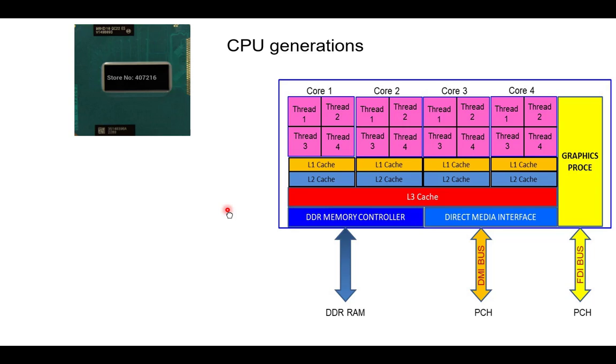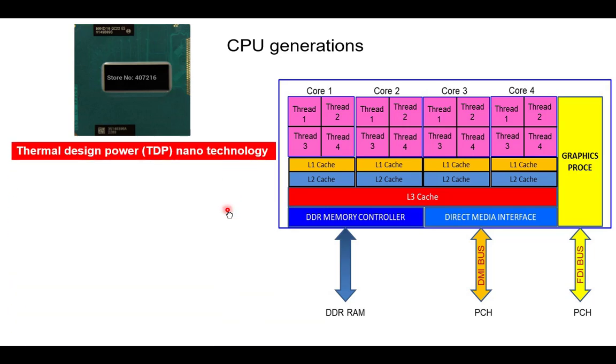First the difference is called the TDP, or thermal design power, or nanotechnology. So what is that? First we learn. TDP, or the nanotechnology, means a CPU's die is made from MOSFETs. In the CPU there are lakhs and lakhs of MOSFETs incorporated.